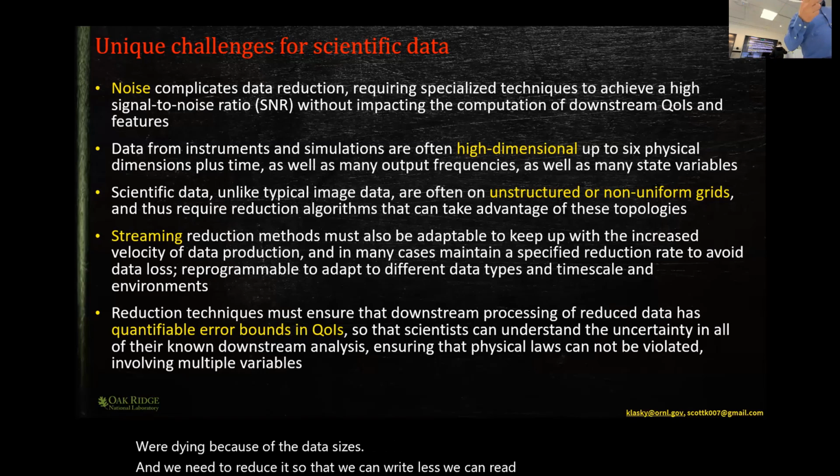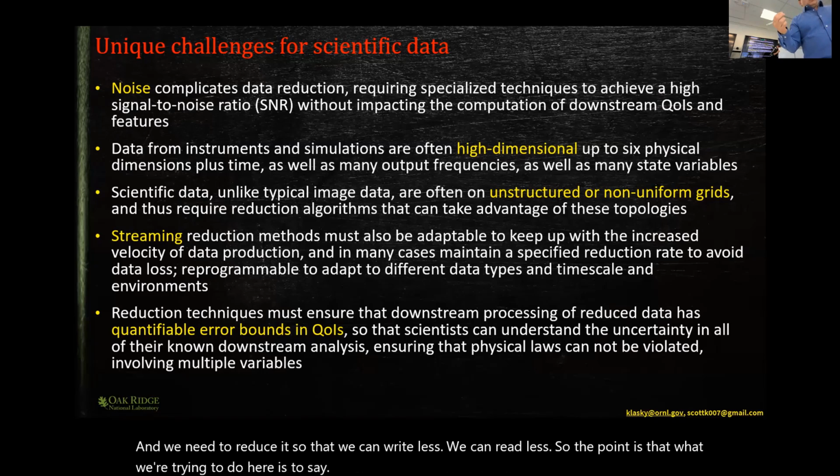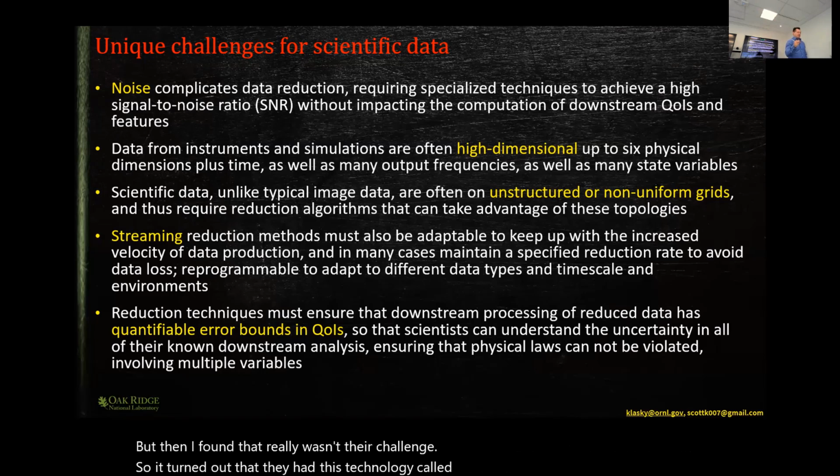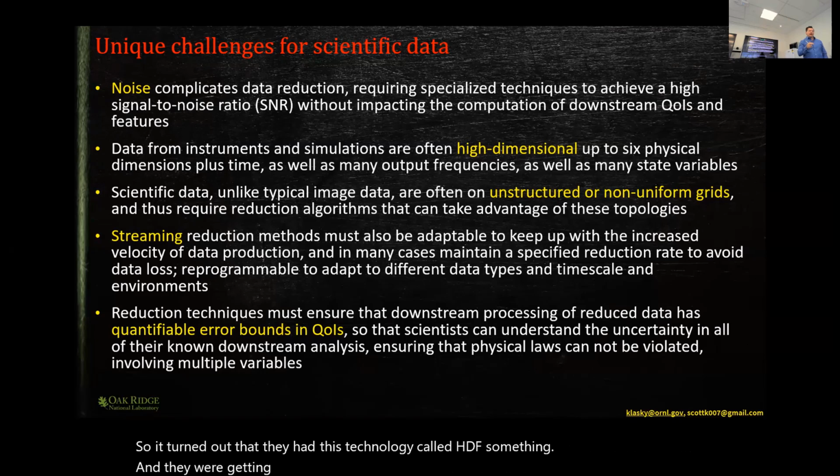So the point is that what we're trying to do here is to say, can we write and read less data? But then I found that really wasn't their challenge. So it turned out that they had this technology called HDF something, and they were getting a little over a gigabyte per second.